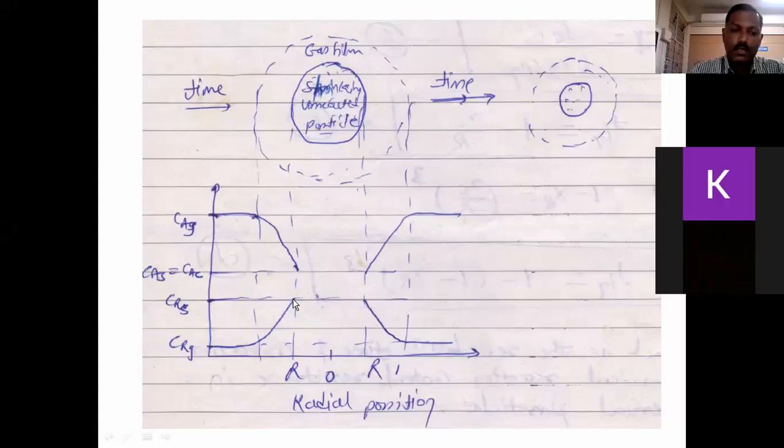Then this R is diffused through this gas film and added in the bulk phase, where the concentration measured is CRG. So this is the concentration profile of the reactant gas and product gas. This is the shrinking core particle model.